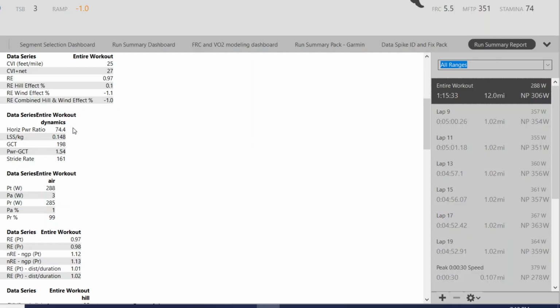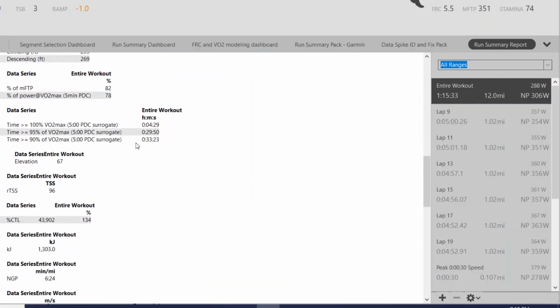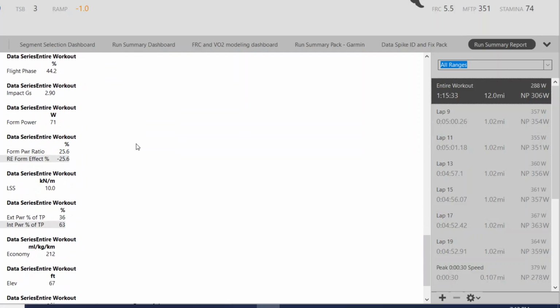That's the amount of power being used for up and down and side to side movement of the athlete as they run. I prefer to look at this, in which case higher is better. All right. In form power ratio, it's the opposite. Lower is better. I have form power ratio, but guess where it's at? It's way down here.